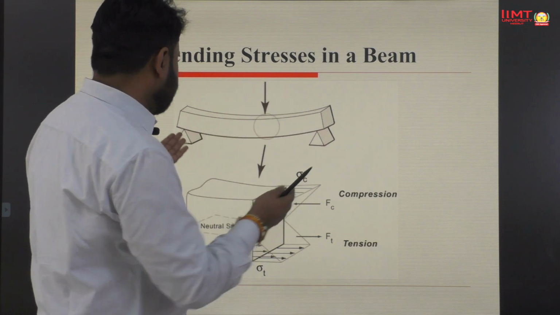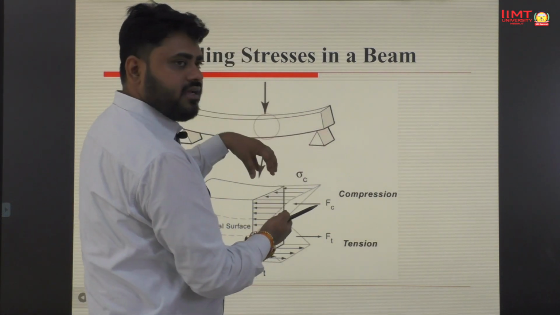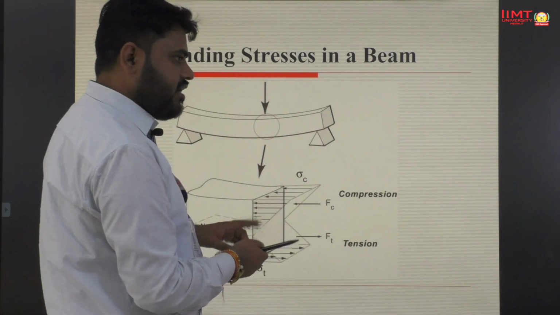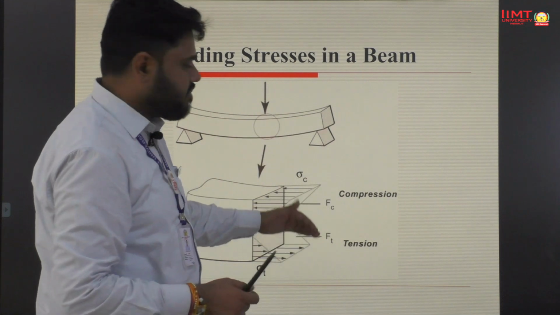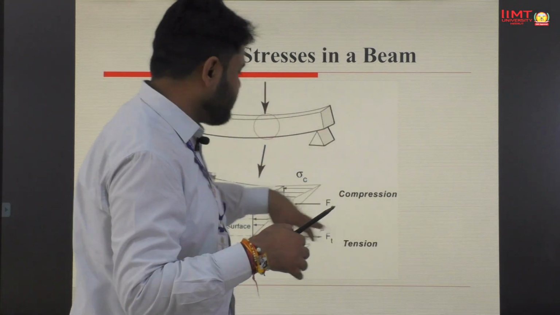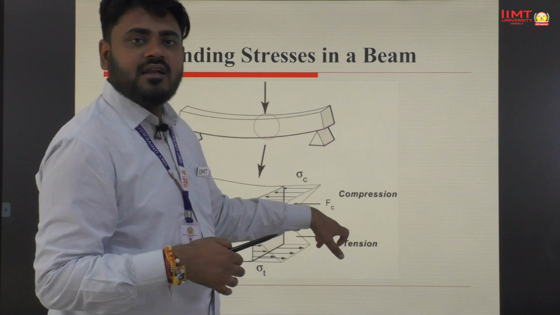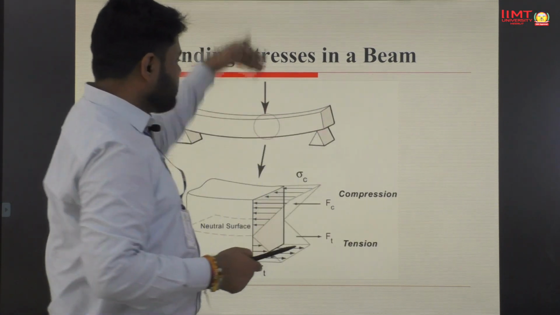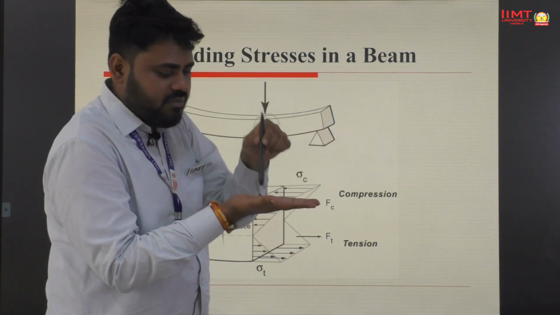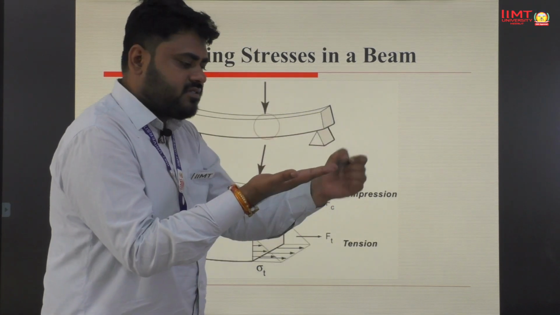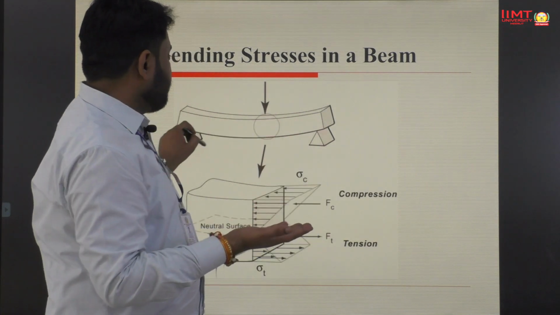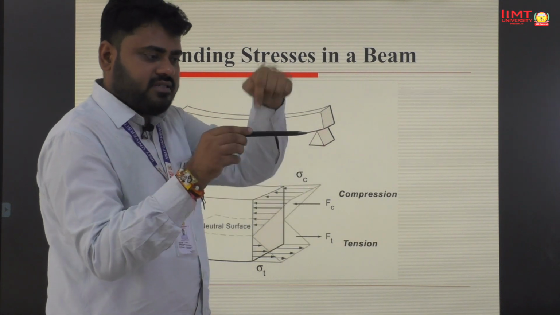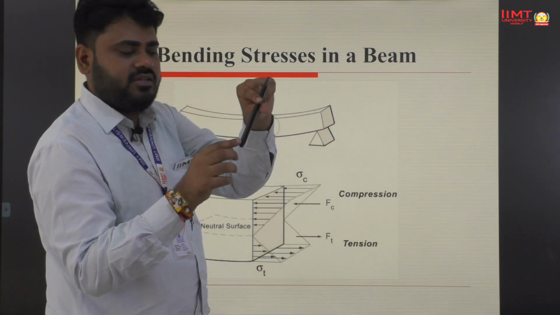The bending stress: this is a beam and the stress is from a point load. Then we have to understand the neutral surface and the neutral axis, where force in the tension side is represented by Ft and force in the compression side is represented by Fc. When the point load is carried, there are several types of load here, and due to point load the structure may fail here, and due to moment it will fail here.